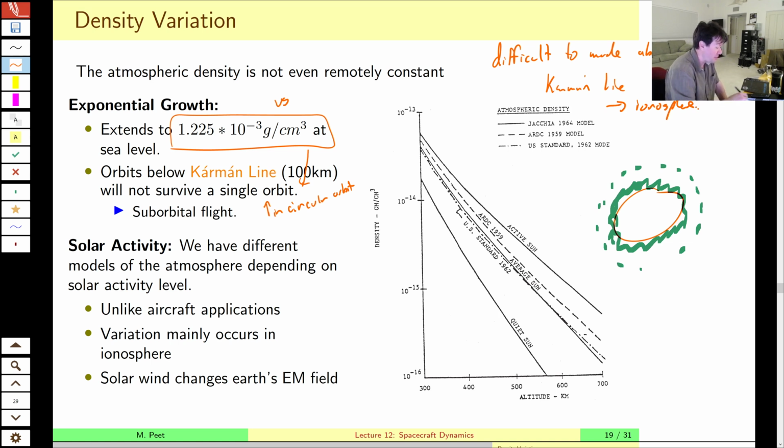So again, above the Kármán line, we're officially astro people. We don't like those aero people.